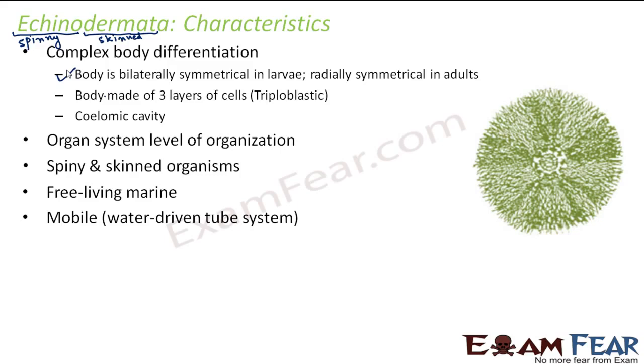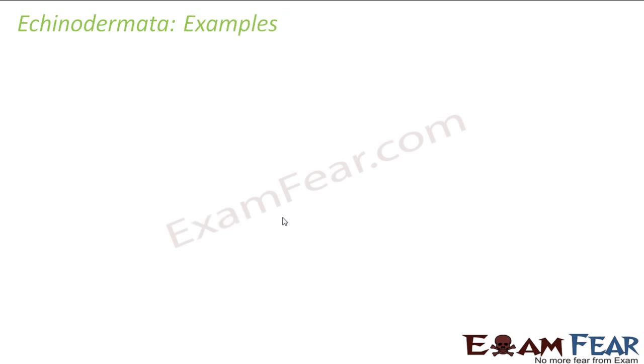Mobile. What contributes to their mobility? Water-driven tube system makes them mobile. Now, what is this water-driven tube system? The water vascular system, we will discuss a little later. Right, so this is a basic introduction to Echinodermata.